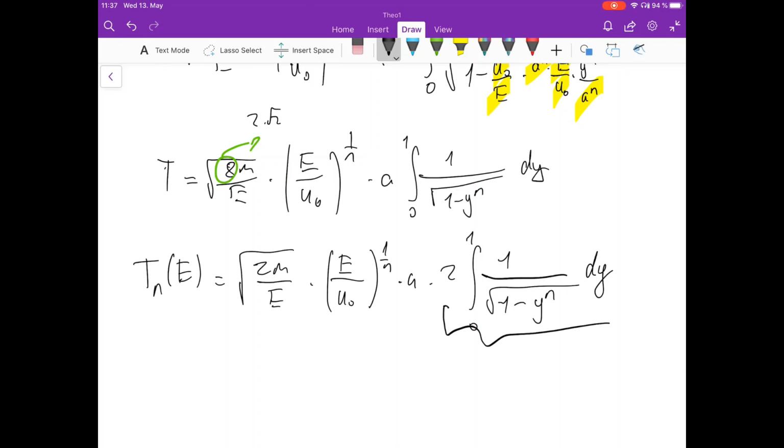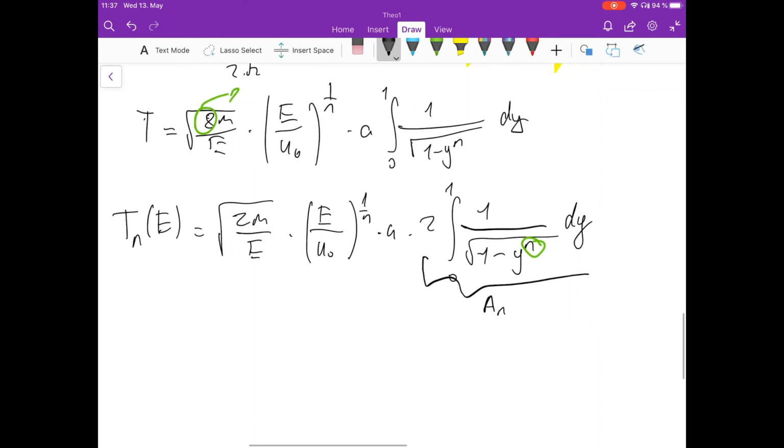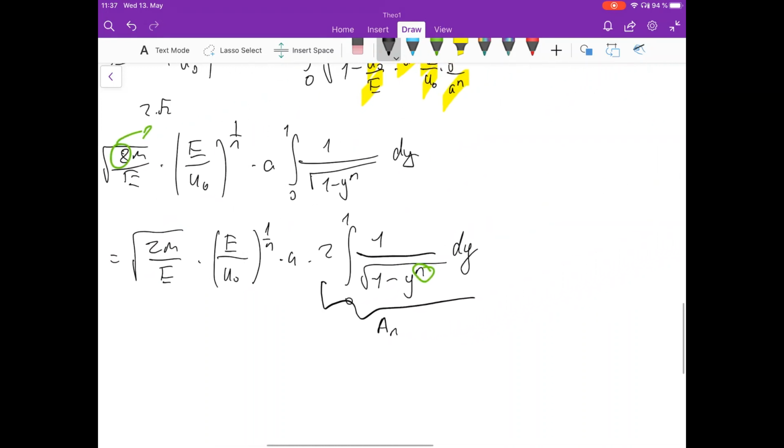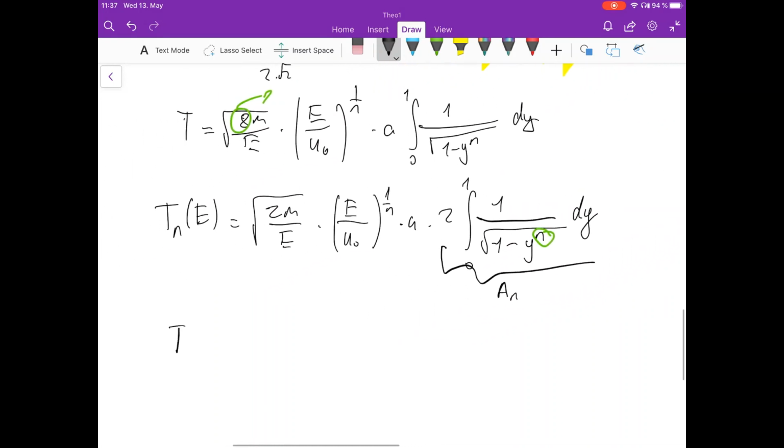And by looking at this, I see this as a constant, which is depending on n because of this over here, and so I can define it as a_n and give its values depending on n.